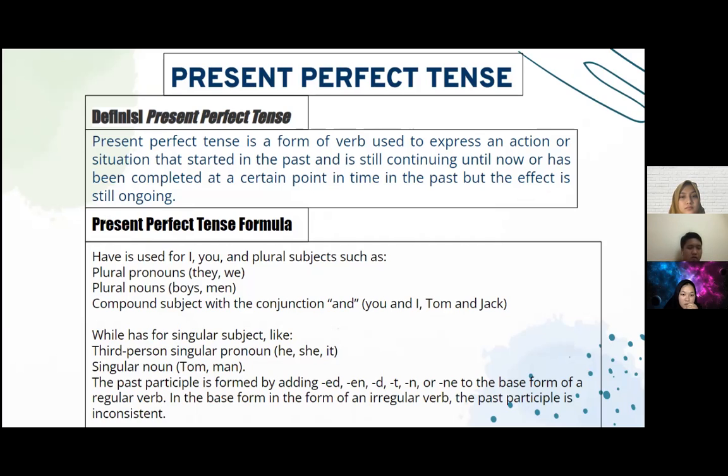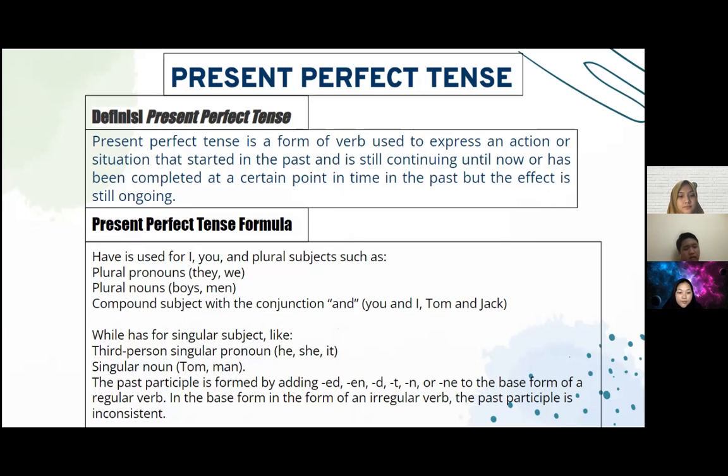Have is used for I, you, and plural subjects such as plural pronouns like they, we, plural nouns like boys, men, and compound subjects with the conjunction and, like you and I, Tom and Jack. While has is for singular subjects like a person, singular pronouns he, she, it, and singular nouns like Tom, man.